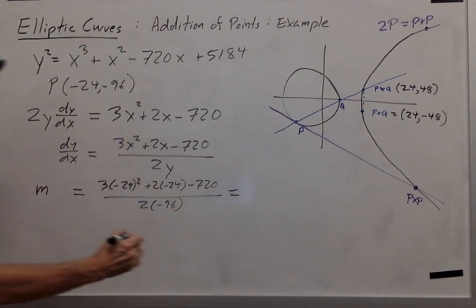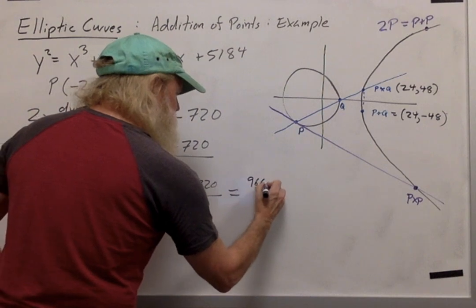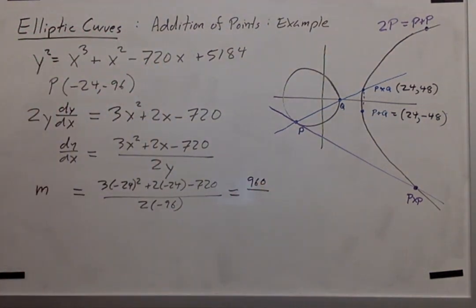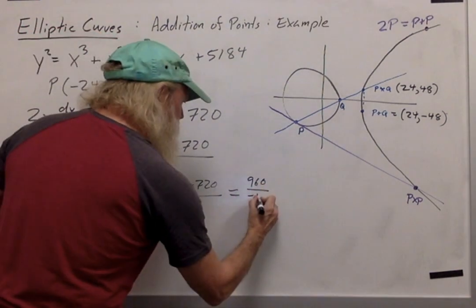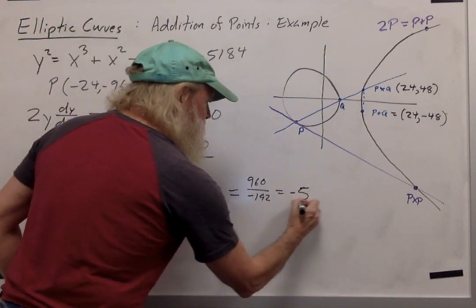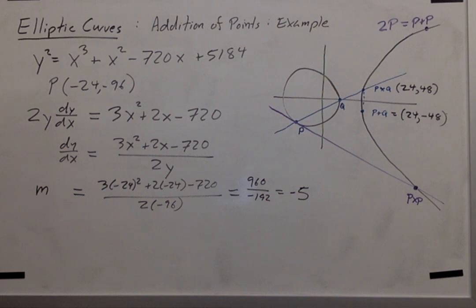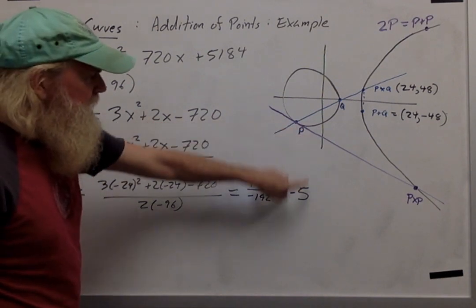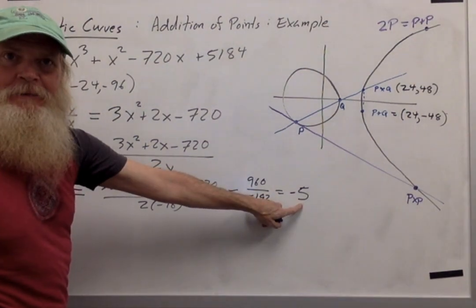Simplifying the numerator, we get 960, and simplifying the denominator, we get negative 192. And that quotient is negative 5. So the slope of the tangent line at this point P is negative 5.